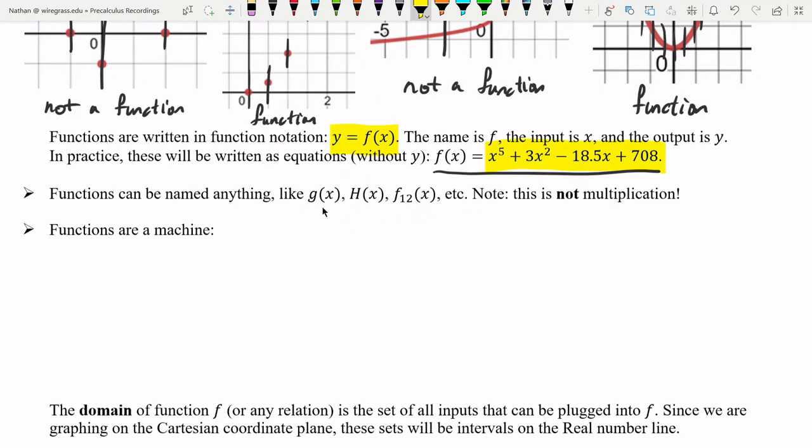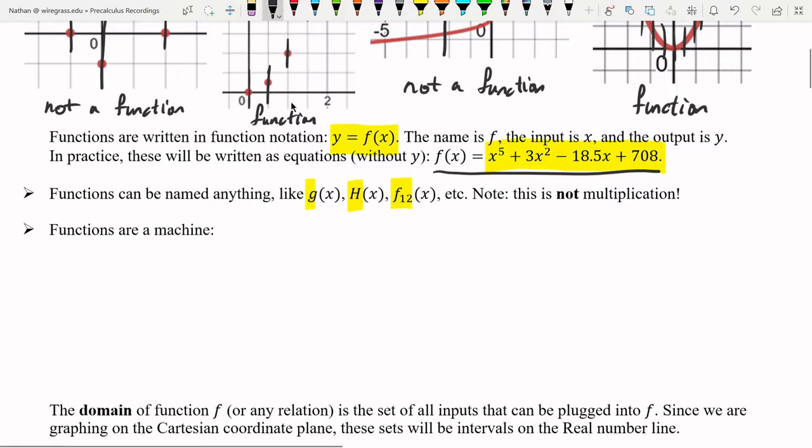Of course, function names can be anything. This one's just named f because that's the standard name, but you can name it whatever. You can name it g, h; capital letters like capital F, capital G, capital H are common. I like to use subscripts. I think subscripts are a great way to talk about more than just letters for the names.